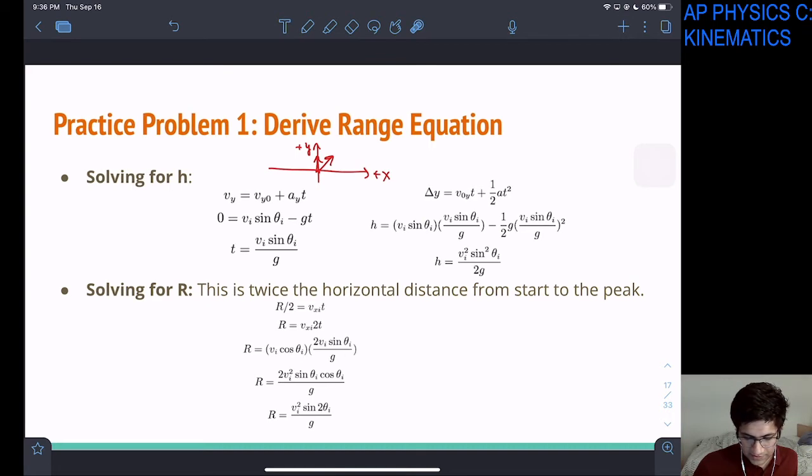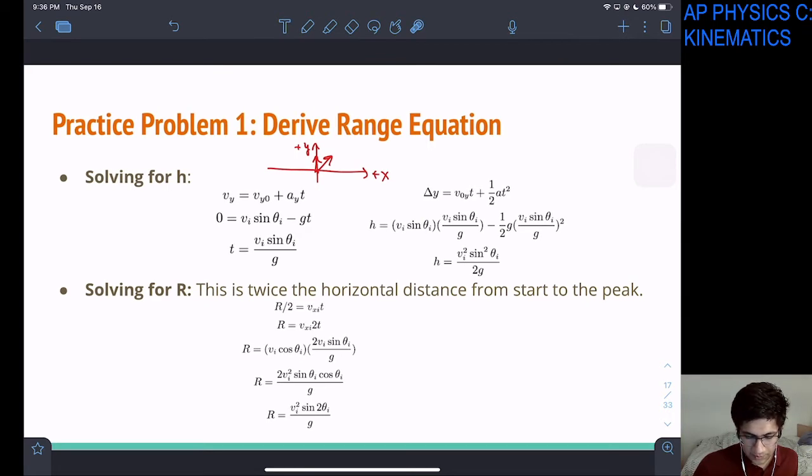Okay, so now we can solve for the time it takes. We know it takes this much time to go from the start all the way up to the top of the peak. And now we can calculate, using our kinematics equation from our beginning slides. We change the delta x to delta y because now we're looking at y.